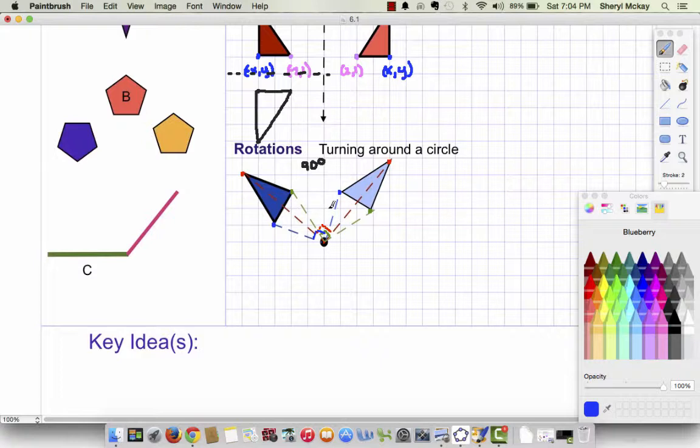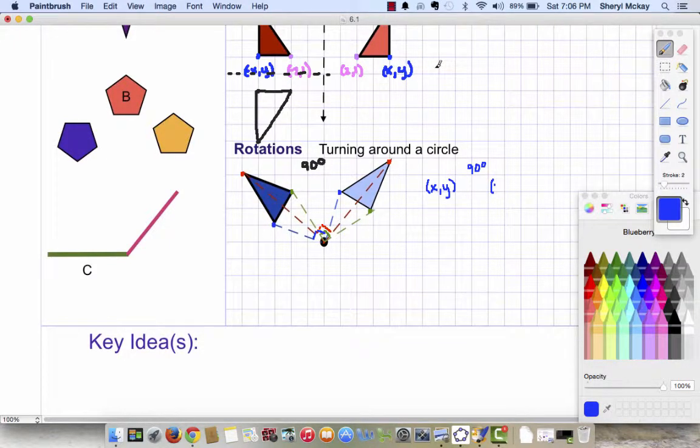One of the things that people often say is that if you have x, y as your point, when you do a 90-degree rotation, your x now becomes, hang on.